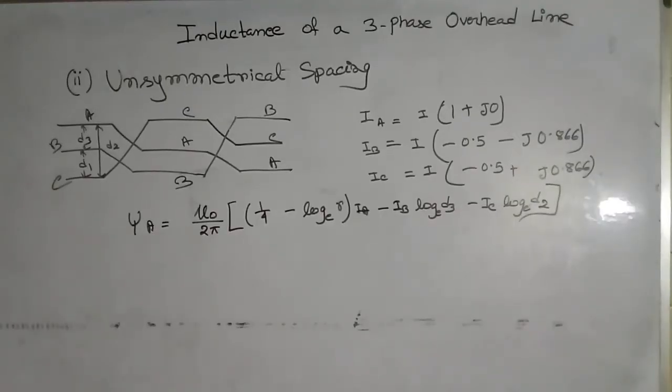Now we find the inductance of a three-phase overhead line in unsymmetrical spacing. When three-phase line conductors are not equidistant from each other, the conductor spacing is said to be unsymmetrical.